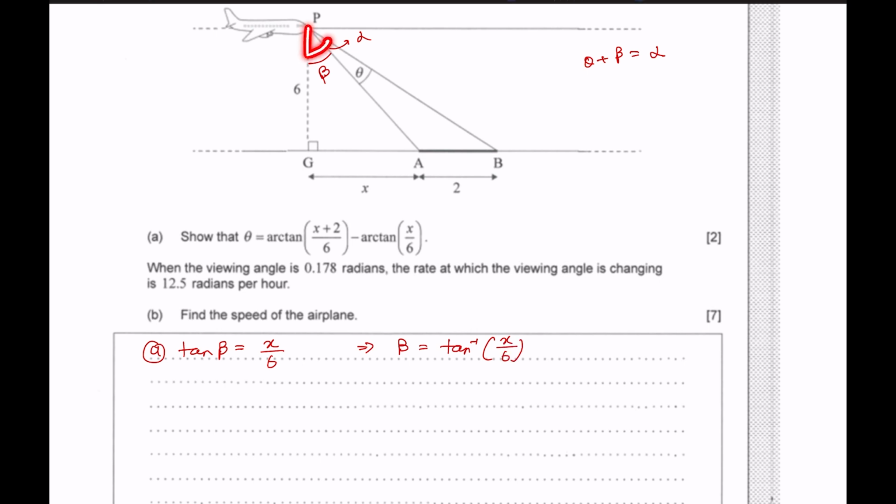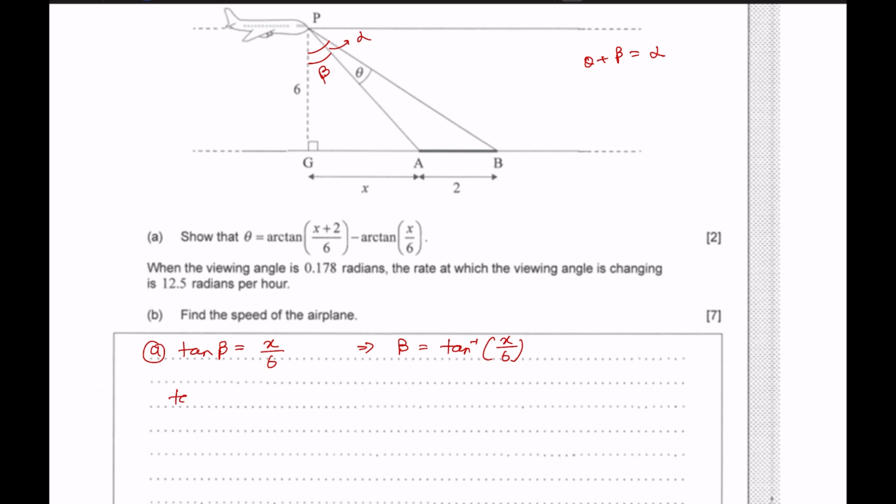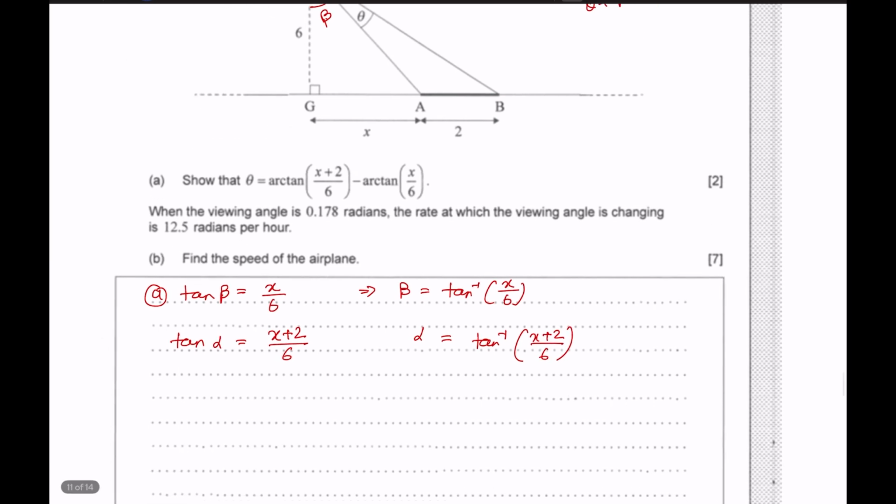And if you take this total triangle, this angle is alpha. So tan alpha will be opposite, x plus 2, divided by adjacent, which is 6. So alpha is tan inverse of x plus 2 by 6.